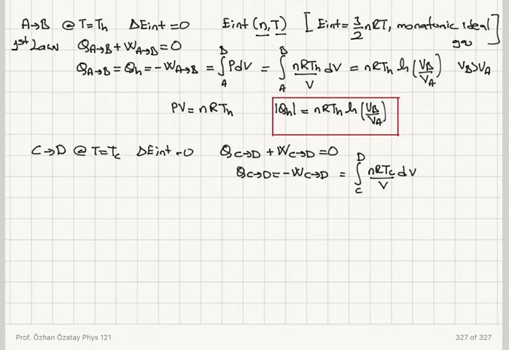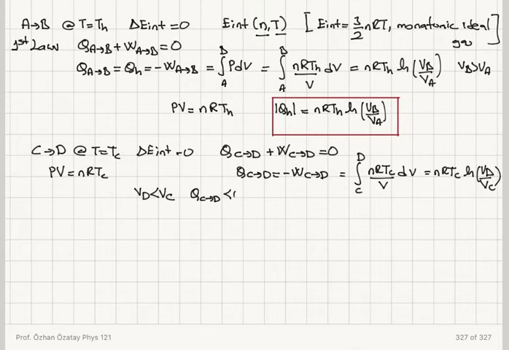So here I have PV is equal to nRTc. So this will be nRTc natural logarithm Vd over Vc. And you see Vd is less than Vc. This is an isothermal compression, and therefore I have the heat added to the system is negative.